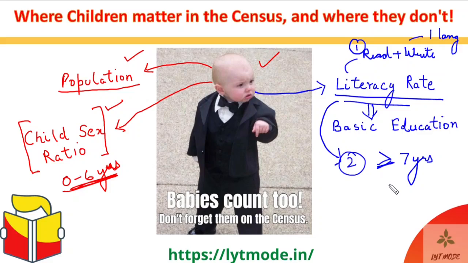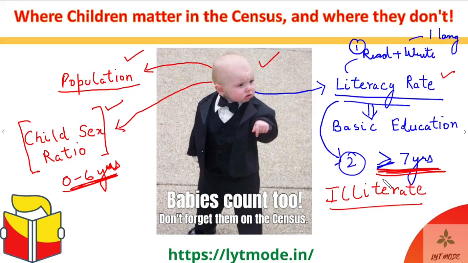If all of that population is taken into consideration, they would all be counted as illiterates, and that would give us a very wrong idea of the literacy rate in the country. So when we calculate the literacy rate, we take only people who are 7 years or above.